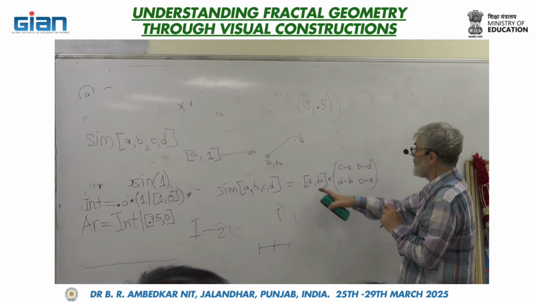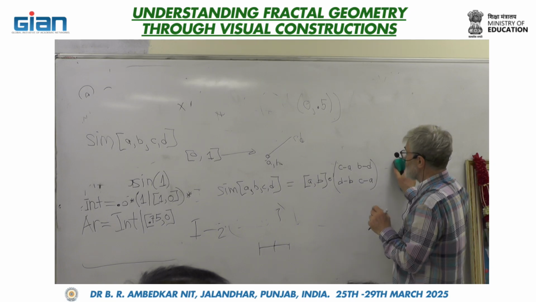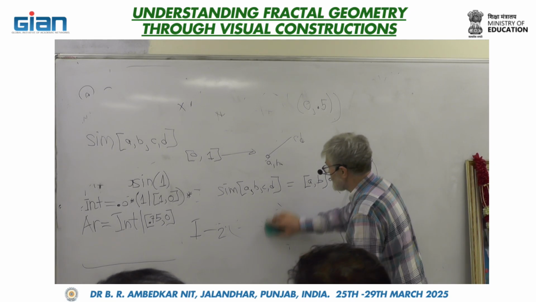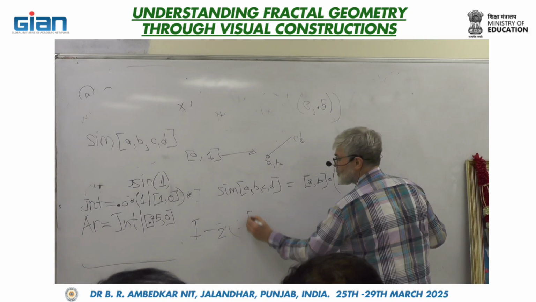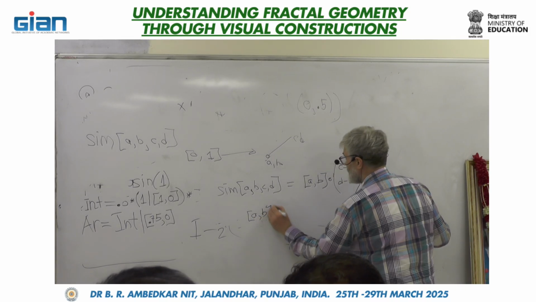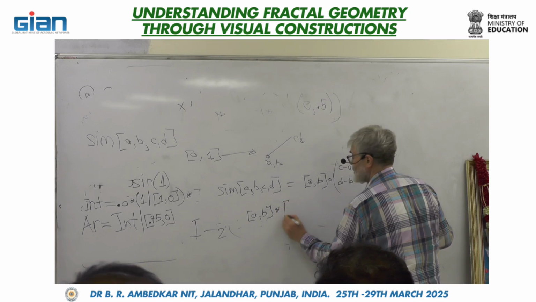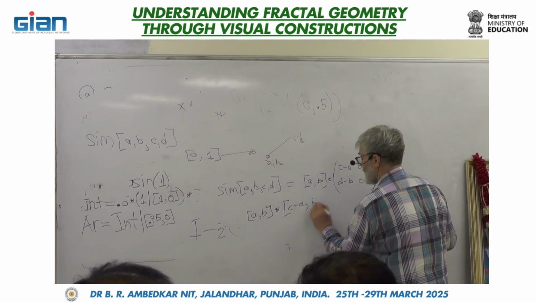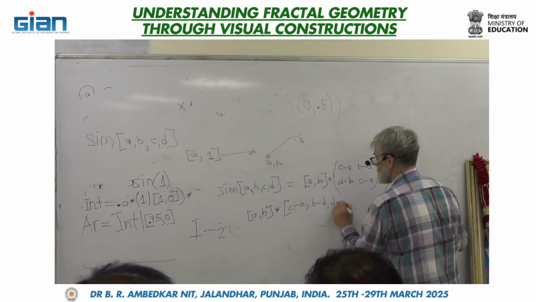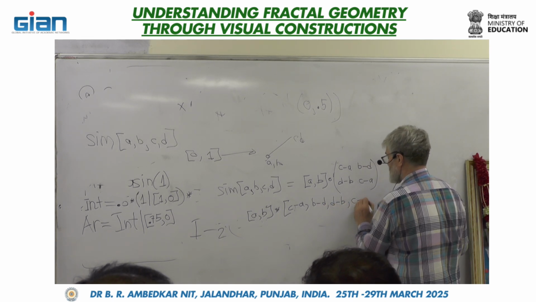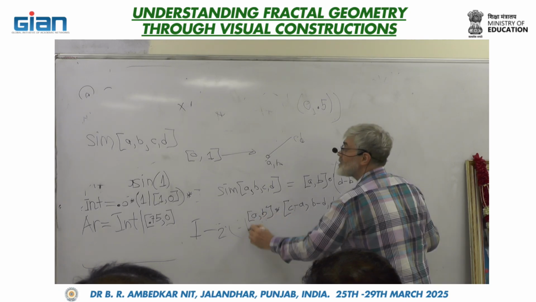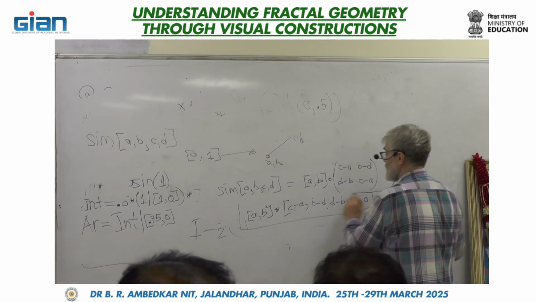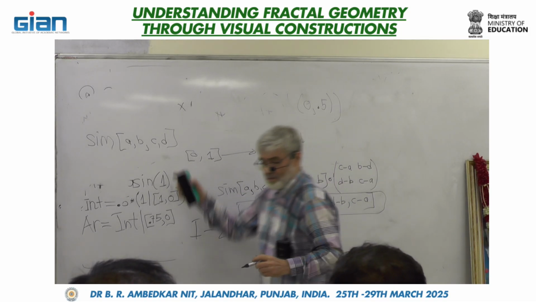The matrices are written in the linear form, so it will be AB multiplied by C minus A, B minus D, D minus B, C minus A. So this SIM ABCD means this abbreviation.